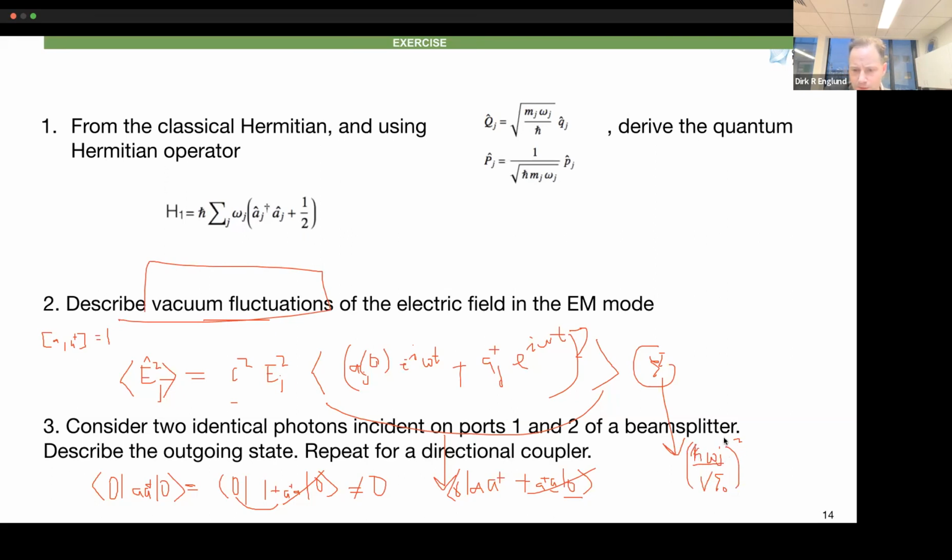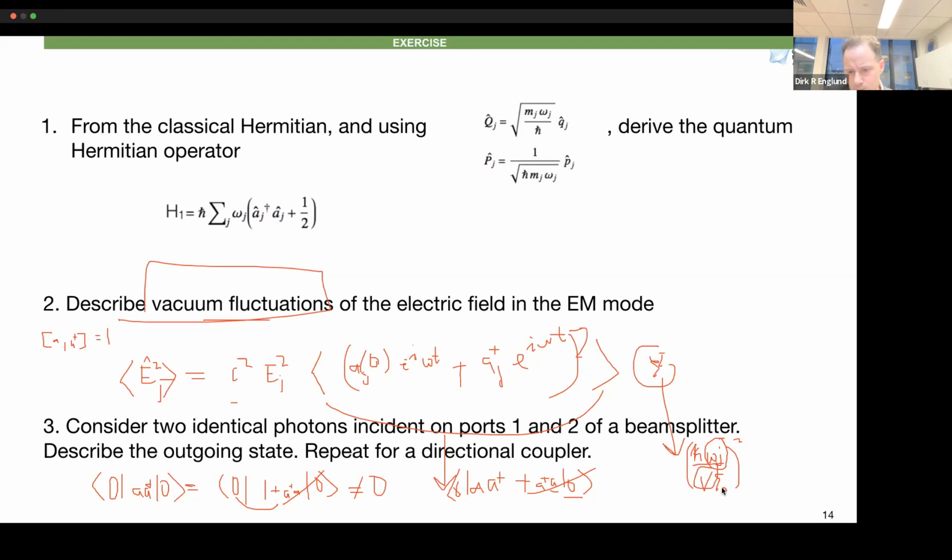depends on two crucial things. First of all, the larger the frequency of the mode that we're looking at, the larger the vacuum fluctuations. The variance or the standard deviation of the electric field, if you're measuring it in time, is proportional to the frequency of the cavity mode, and it's inversely proportional to the mode volume of the cavity.